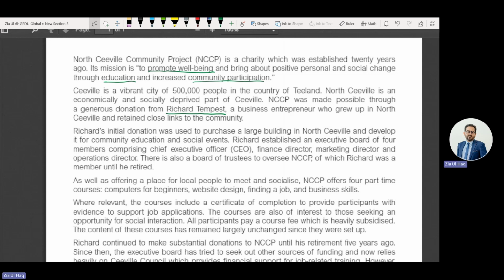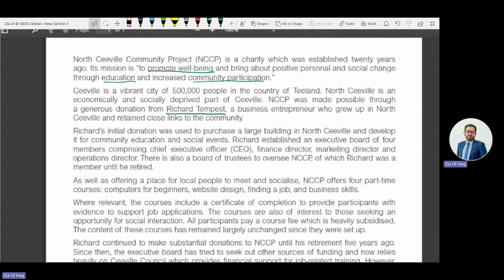Richard established an executive board of 4 members comprising the Chief Executive Officer, CEO, Finance Director, Marketing Director, and Operation Director. There is also a board of trustees to oversee NCCP, of which Richard was a member until he retired. So there is a board of trustees. Under the board of trustees, there is a CEO, and under the CEO, there are the finance director, marketing director, and operation director.